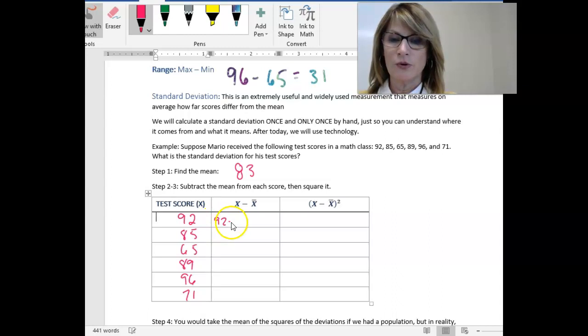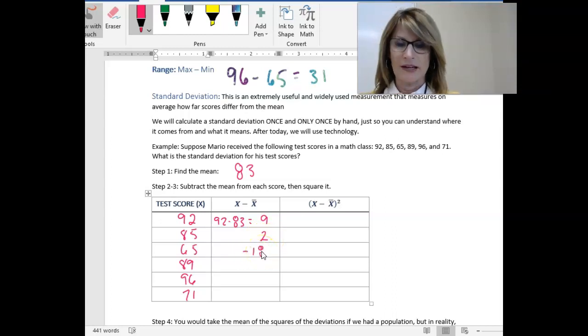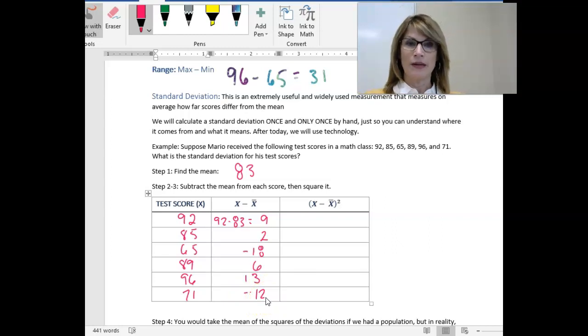So we'll take each one and subtract 83 from it. 85 minus 83 is 2. 65 minus 83 is negative 18. 89 minus 83 is 6. 96 minus 83 is 13. And 71 minus 83 is negative 12. Now we can't average those because if you add them all up, they add up to 0 because we've got some positives and some negatives.